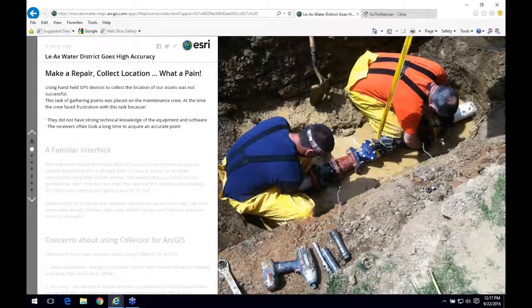In my eyes, the biggest piece for the district was when in the summer they hired a student to go out and collect a bunch of points using a handheld GPS device. And we had one of our staff go with them to show them locations. If they wouldn't have hired the student to do it, all summer long, that's all they're doing is taking point after point after point.